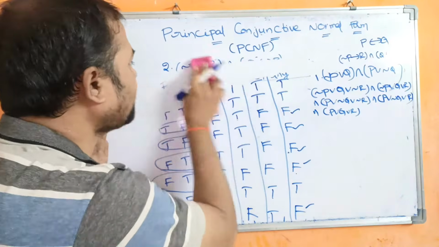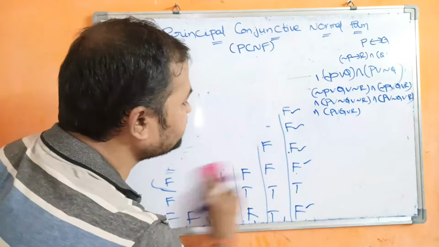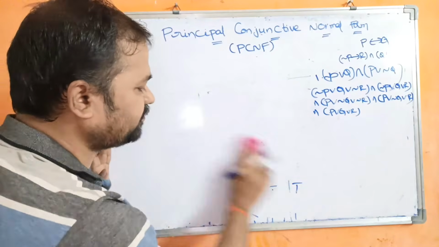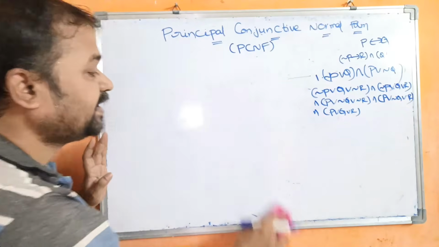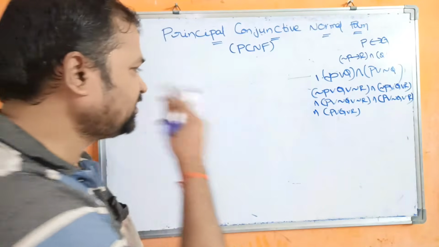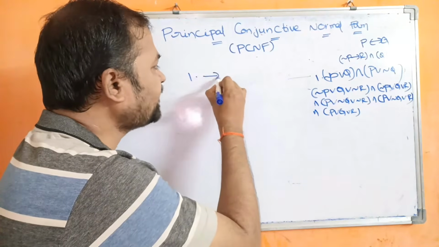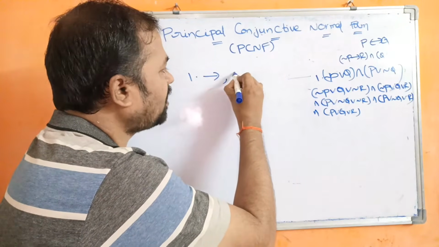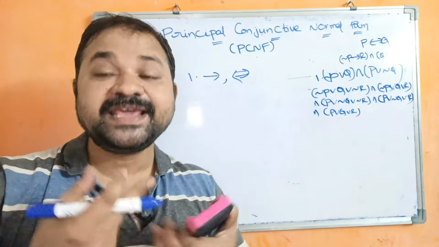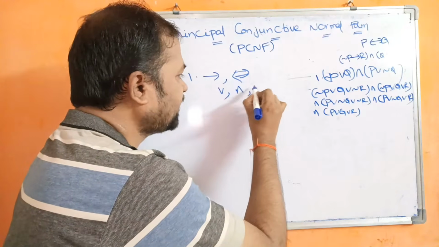Now let us see how we can find out the PCNF without using the truth table. So till now we have seen how to do it by using the truth table. Now let us see the procedure in order to obtain the PCNF without using the truth table. So here we have 4 steps. The first step is if the problem contains conditional or biconditional connectives, then we have to replace them with equivalent formulas which contain OR operator, AND operator and negation operator.